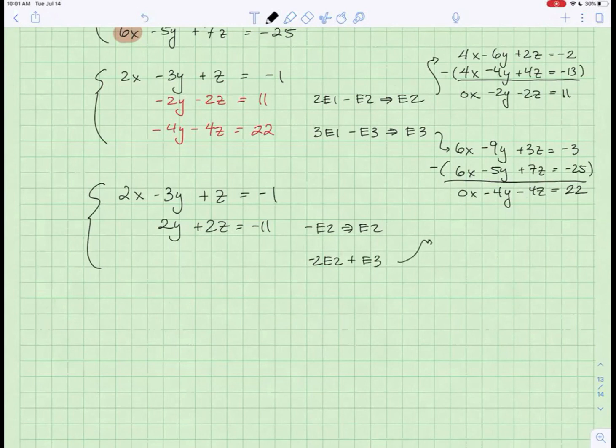And that will be 4y plus 4z equals negative 22, and negative 4y minus 4z equals positive 22. And when I add those together, I get 0y plus 0z is equal to 0. And that's my last equation here.